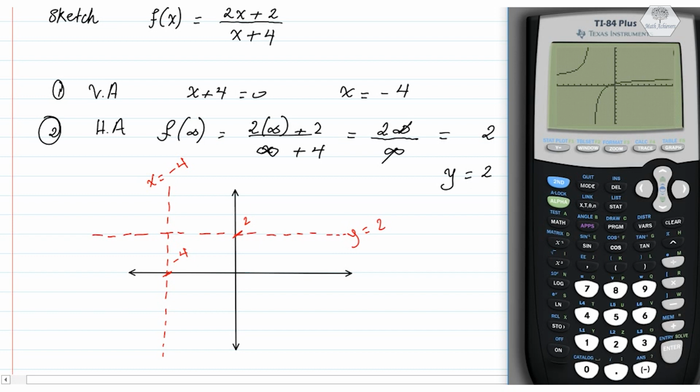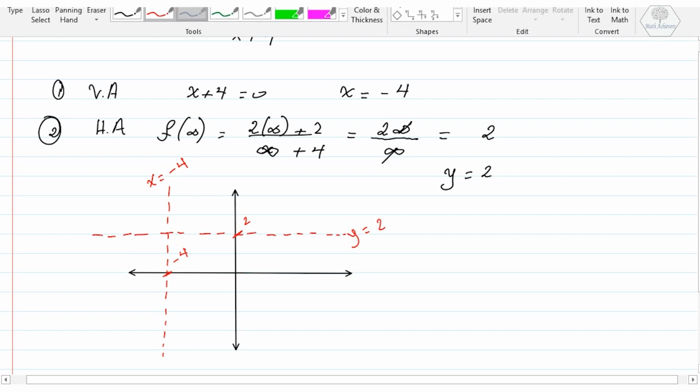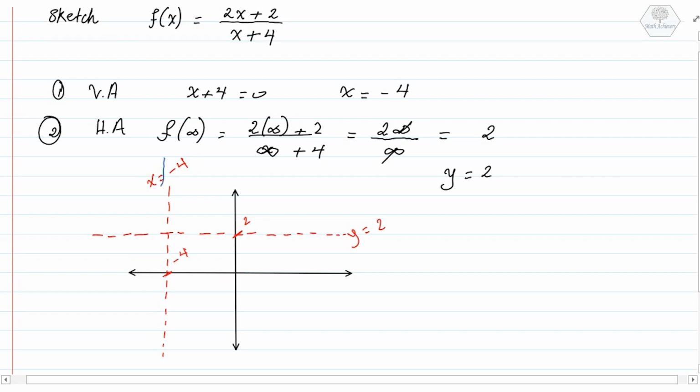Okay, now I have a clear vision of my graph. It's like this. This is my sketch.